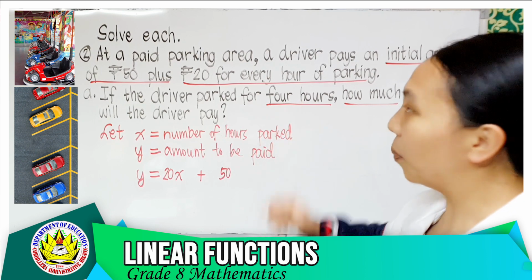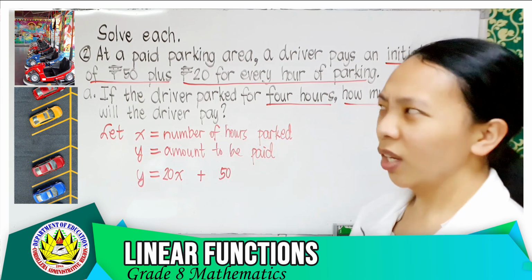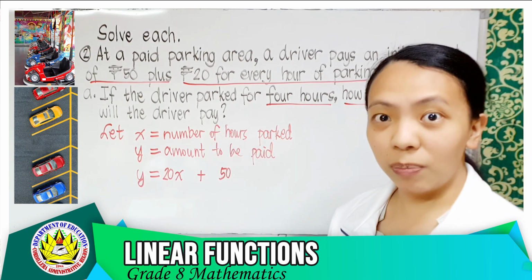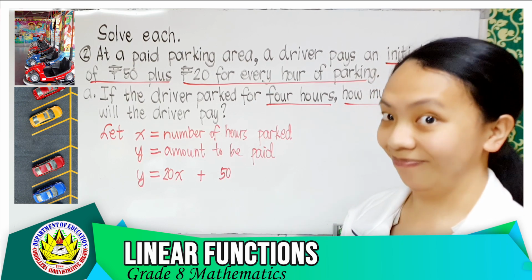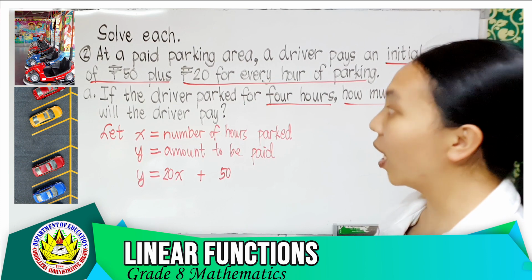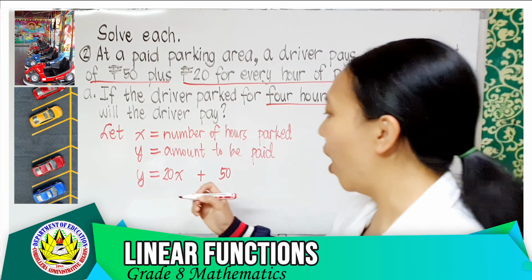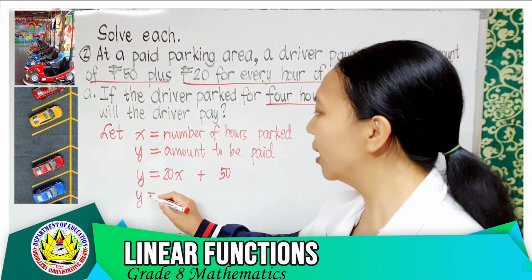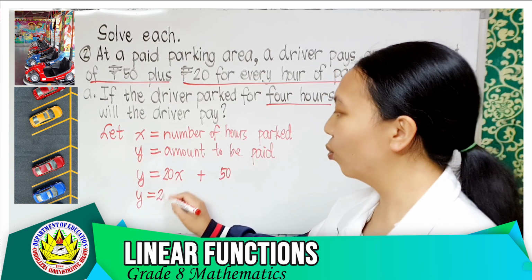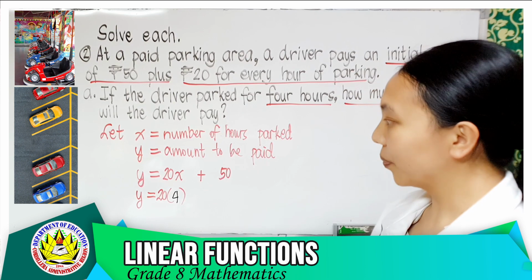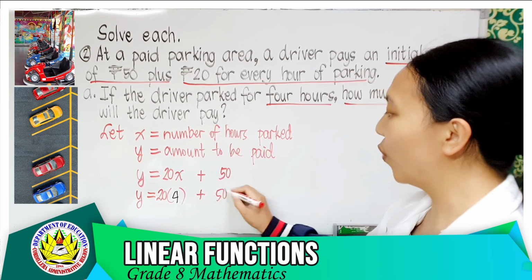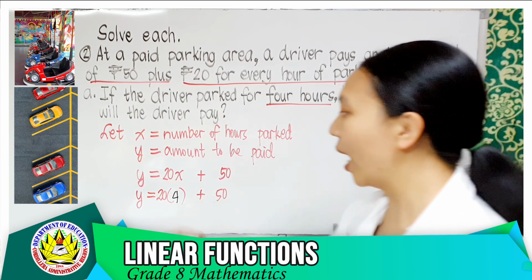The driver parked for 4 hours. Should it be for x or should it be for y? It is for x. Y, therefore, is equal to 20 times 4 plus 50. Let's simplify.